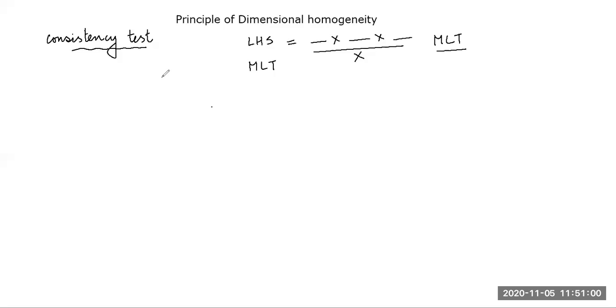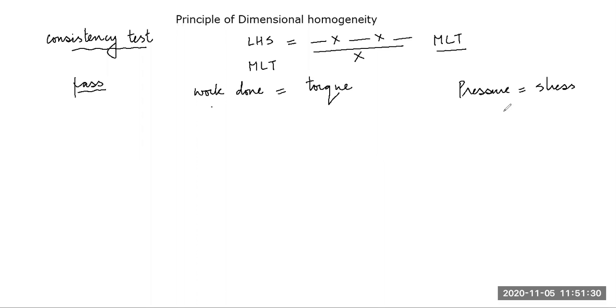But students, it's very interesting to see, even if an equation passes the consistency test, the equation may be wrong. How? Just see, if I say work done is equal to torque, let's say I write this equation. Now I may also write pressure is equal to stress.